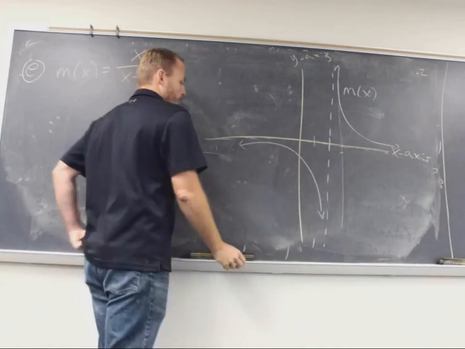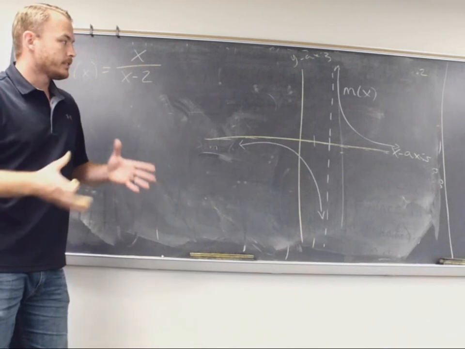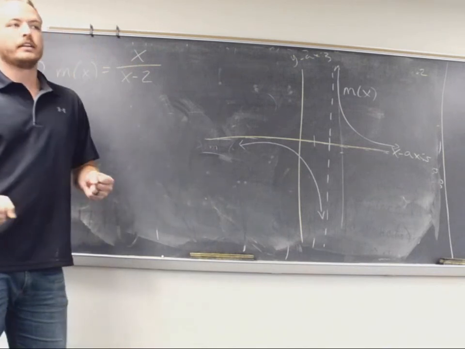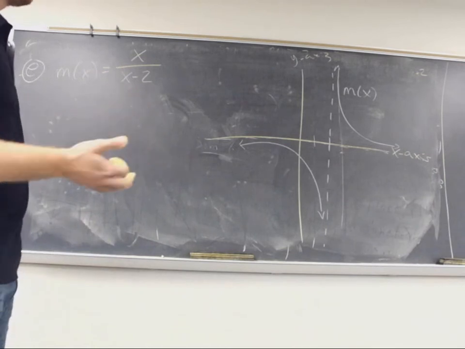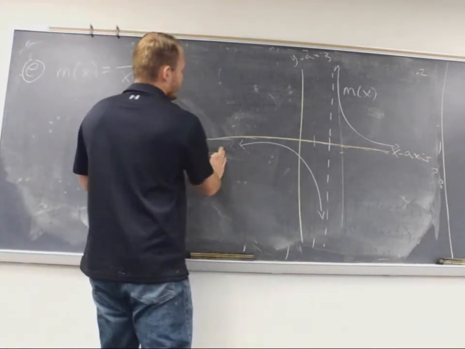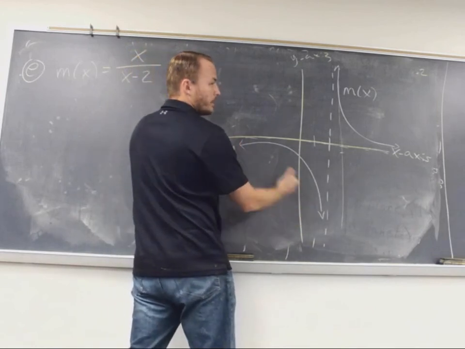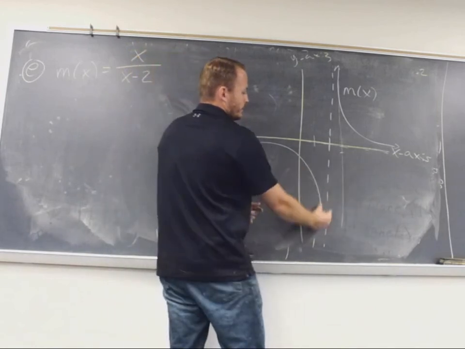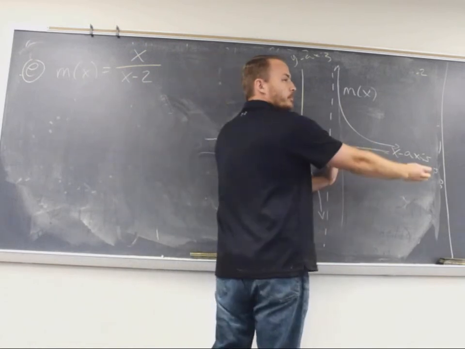So now I need to determine the domain of this thing. And you're probably thinking it's two separate graphs, how do I do that? I'm going to show you how to write it, and it's simple. You just need to be able to recognize that you have this part of the domain, and it skips this number here, which is 2, and then it picks back up over there.